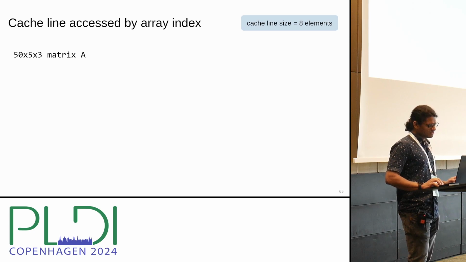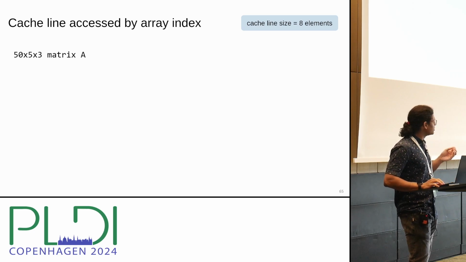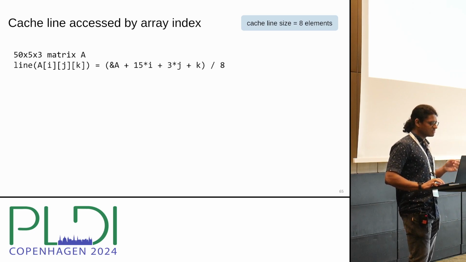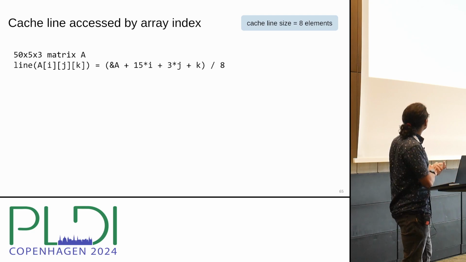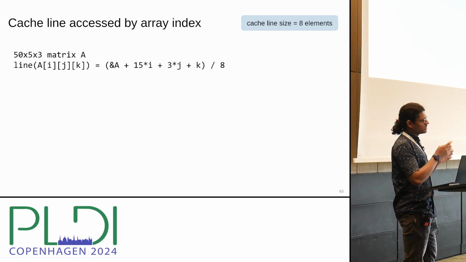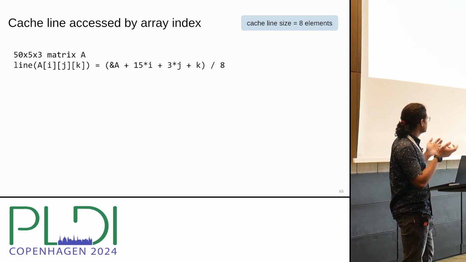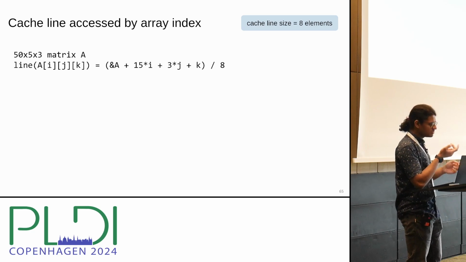The way Haystack worked is there are some approximations made to simplify the analysis and make it practically feasible. Until now I've been talking about elements being in the cache, but in practice you have cache lines, and each cache line has, let's say, 8 elements.